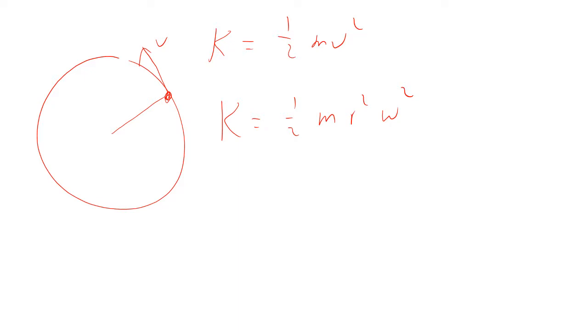Now notice when we had the centripetal force, we had mr squared omega squared over r. Okay, so we have this mr squared in there, and that's an interesting sort of thing.